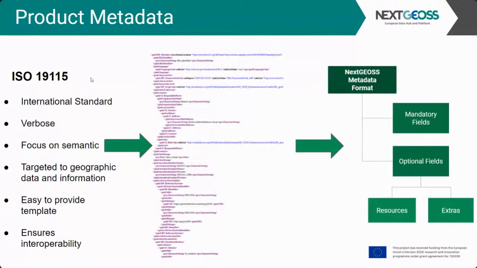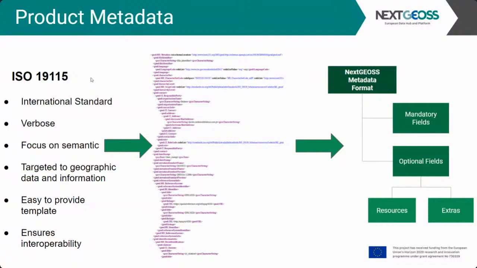It's targeted to geographic data and information, thinking about the specificities and requirements coming from geographic information. It's easy to provide a template. So that's one of the first steps in this process: you are provided with a template that you can take in and adapt to your dataset collections.